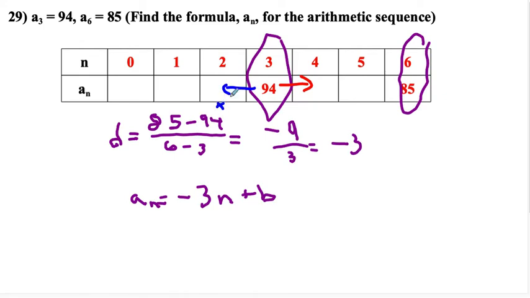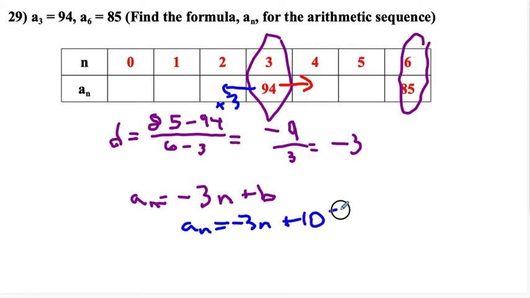And if I did that, I'd have to go all the way to the y-intercept. So 97, then 100, and then this would be 103, which would mean the final formula would be a sub n equals negative 3n plus 103.